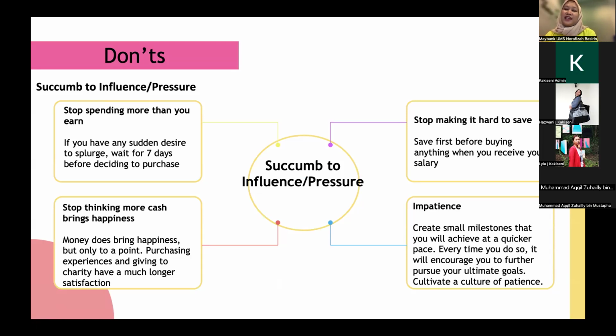Okay. So we have to stop thinking that money brings happiness, because I was someone who thought that money brings happiness, but it was only for a very short period of time. For me now, money is only a tool for me to purchase the kind of things that I cannot do myself.